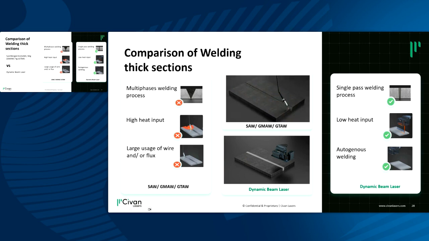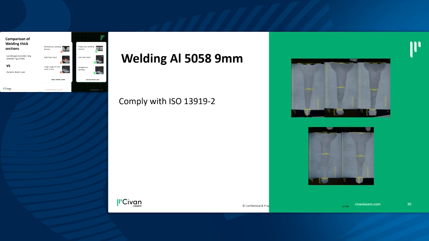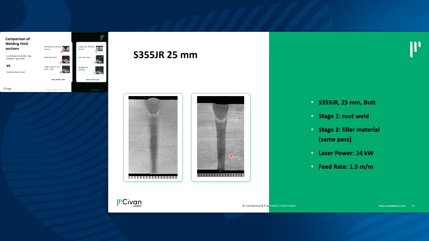And I'll now show a couple of examples of welding applications that we were able to achieve using these different beam shapes. Here is a single pass weld of aluminum at a depth of 9 millimeters. You can see the cross section of the weld. The next is welding of 1 inch of mild steel.